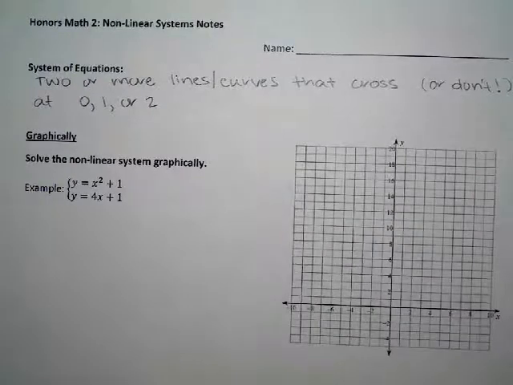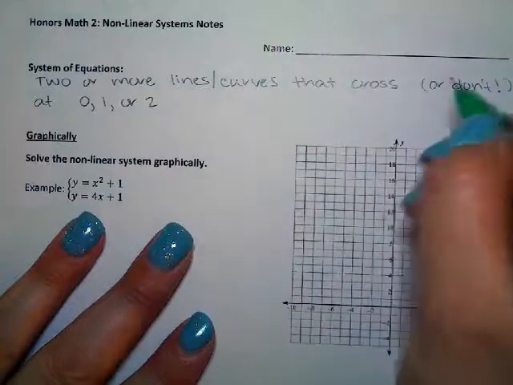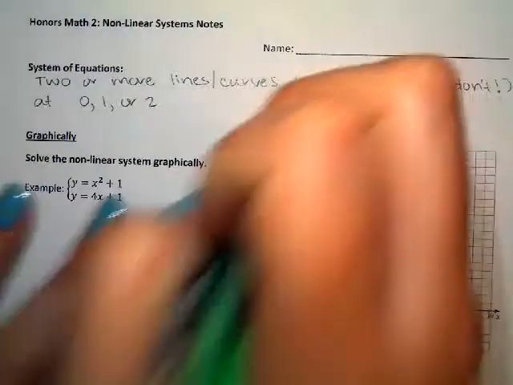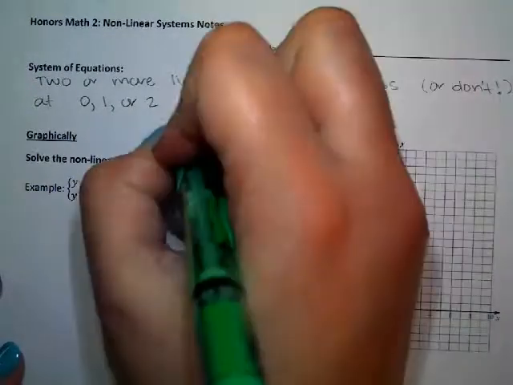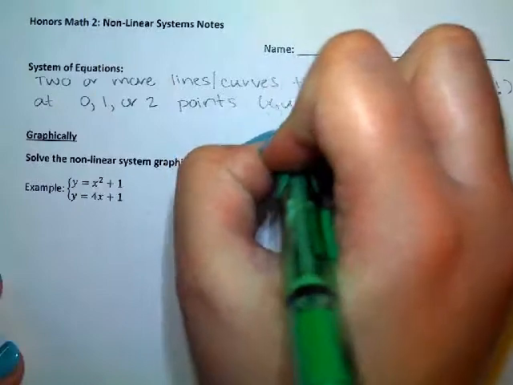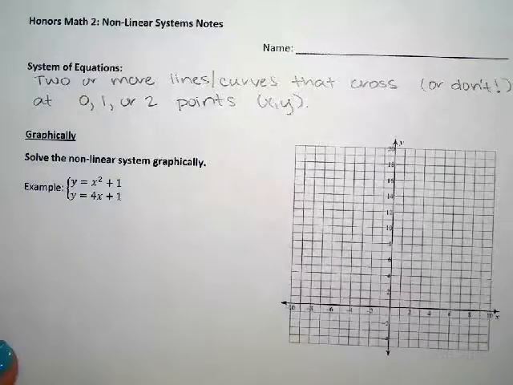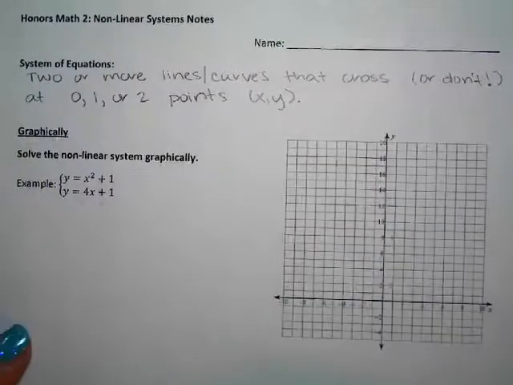For different types of equations, it could be different things, okay? So two or more lines or curves that cross, depending on the situation, it could be infinitely many points. And we label those points as x, comma, y, okay? So two or more lines or curves that cross, or they don't cross at 0, 1, or 2 points. That's what we're going to do for this particular graph.